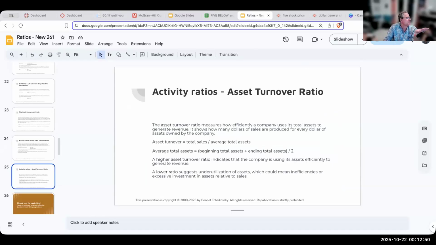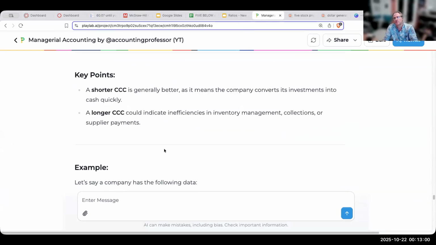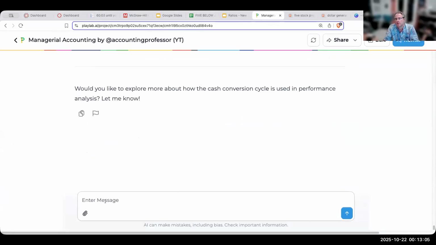Now, what I can also do over here, as I've put in some of my accounting videos previously, is use my AI for managerial accounting to help me out with this. If I ask, what is a good asset turnover ratio considered to be?